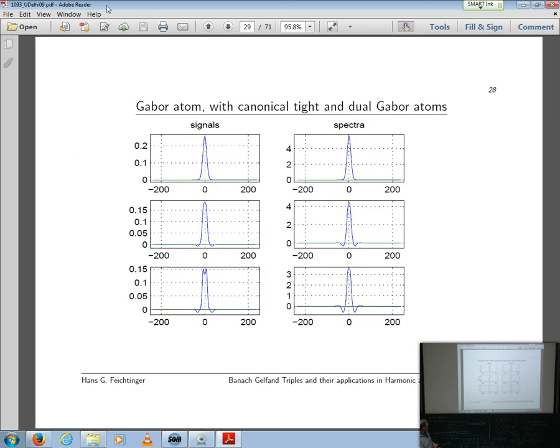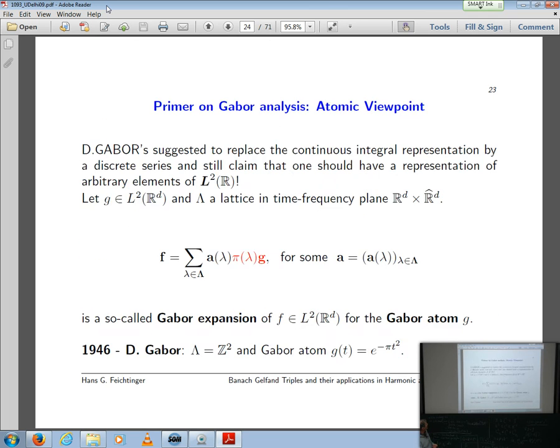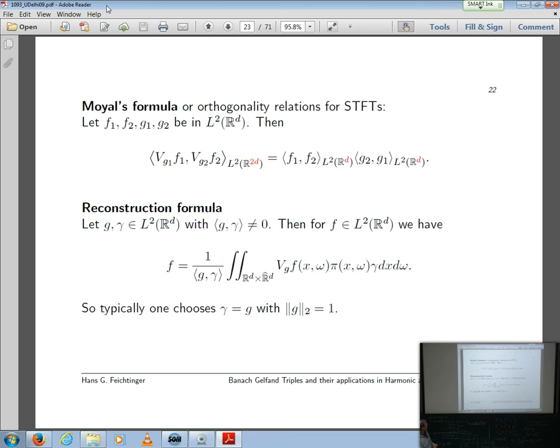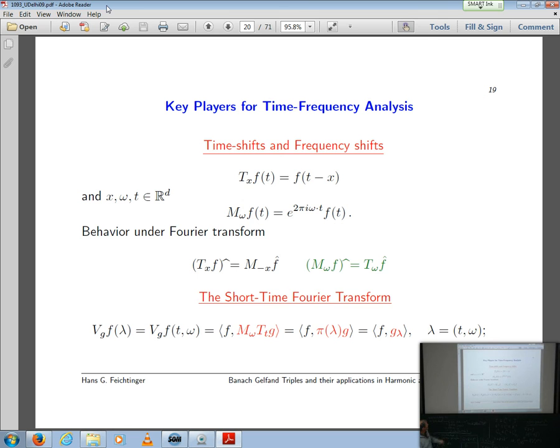What is the short-time Fourier transform? That's where, so to say, I was showing you this picture. It's this guy here. Essentially, it's trying to identify the energy within the time-frequency plane.